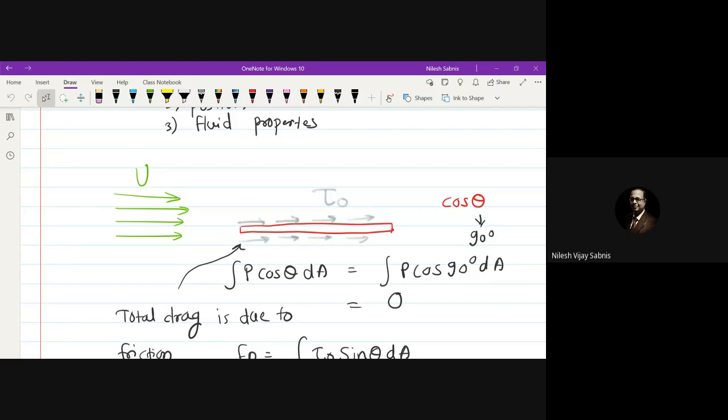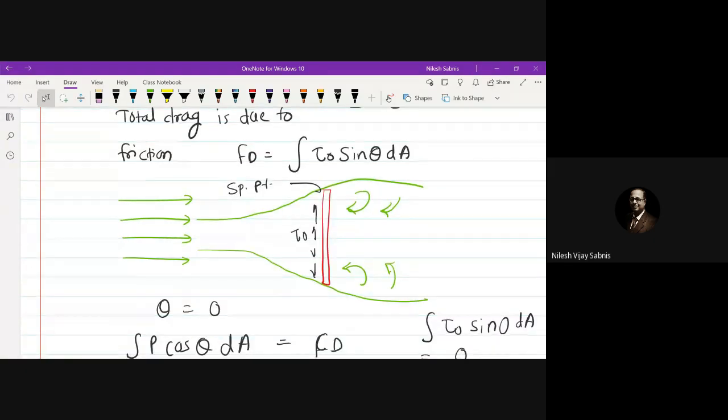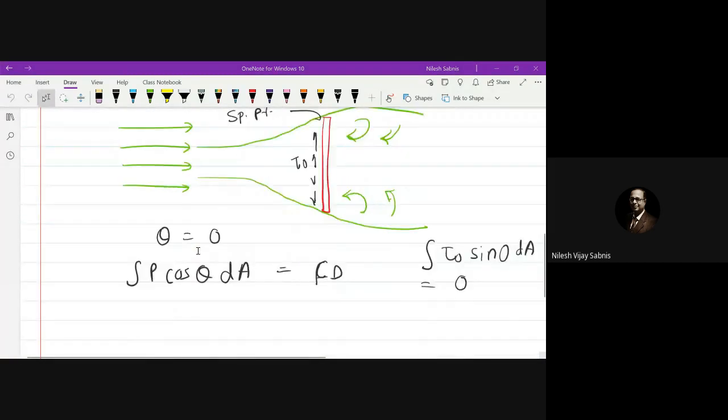Only pressure drag will occur when the plate is kept perpendicular to the flow, as the whole pressure will act on the surface of that plate. So that is the concept of pressure drag and friction drag.